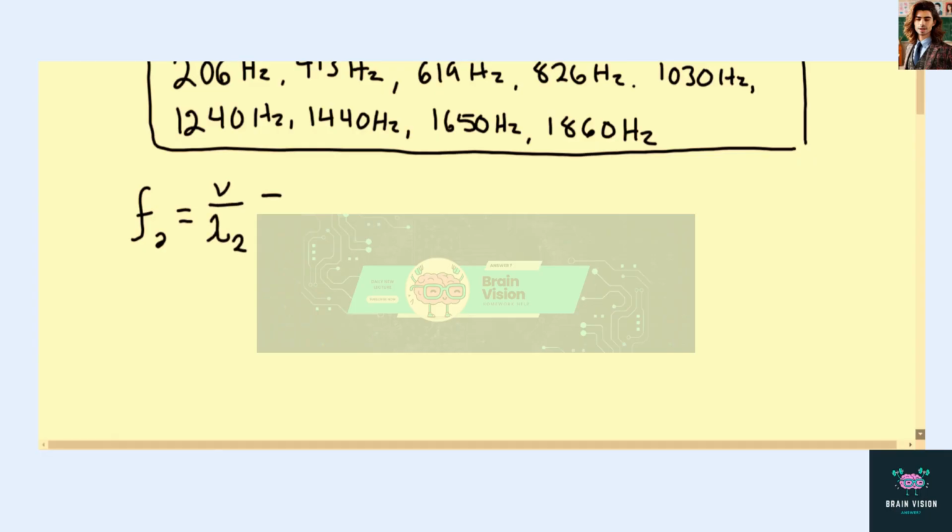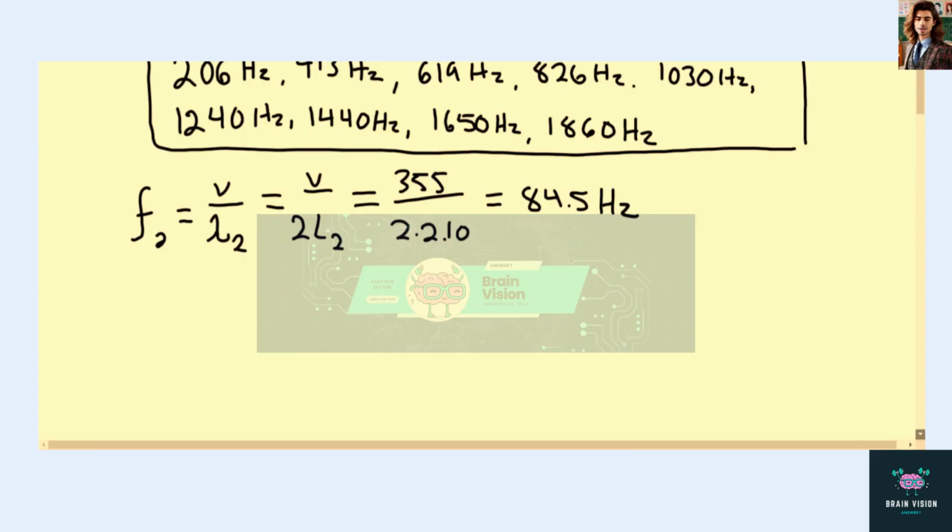We have the same relationship as before between lambda and L, so we substitute that in the same way: V divided by 2 times L2, and L2, of course, is 2.1 meters. So we have 355 meters per second divided by 2 times 2.10, and that gives us a fundamental of 84.5 hertz in this direction.